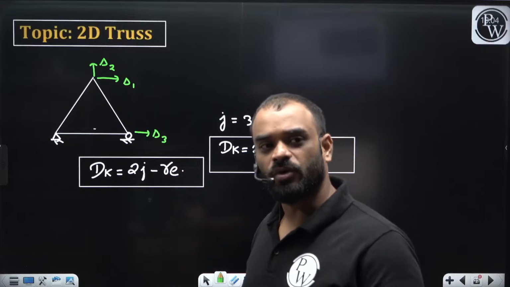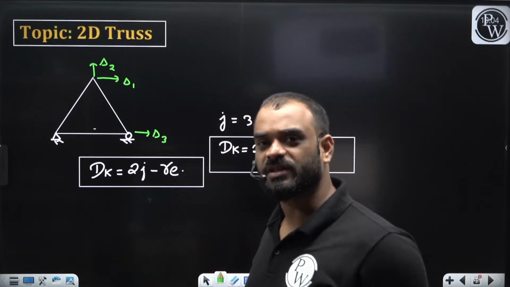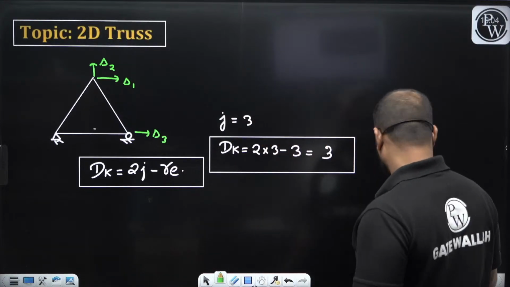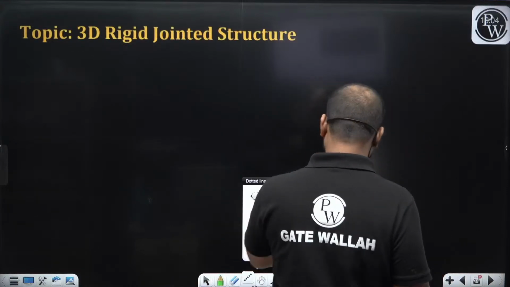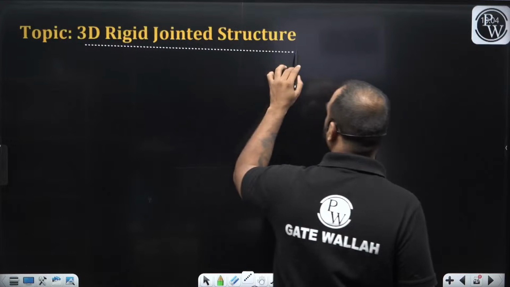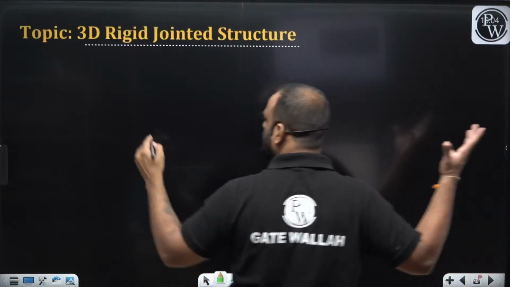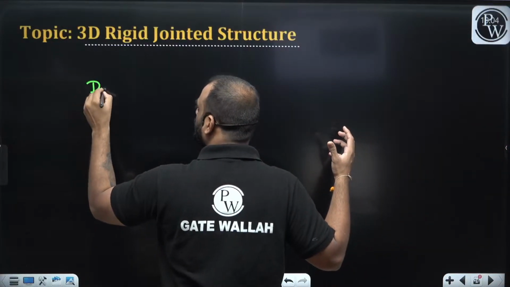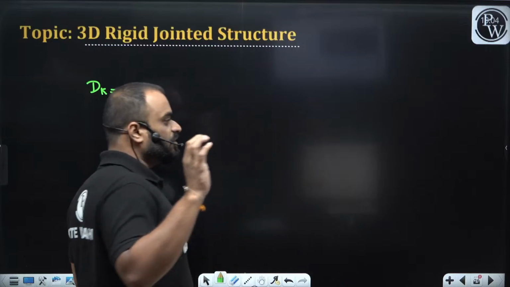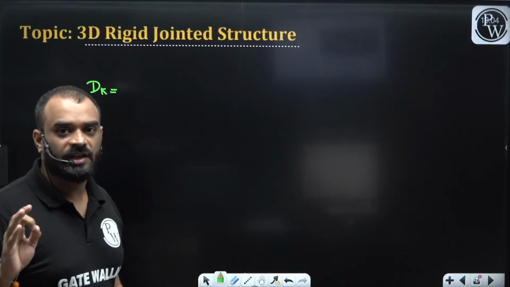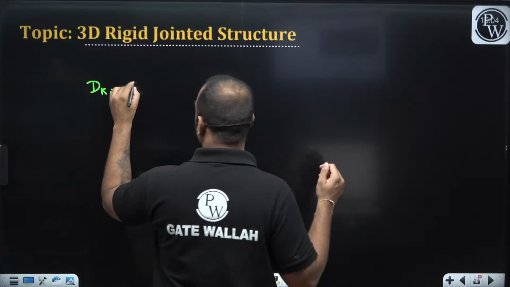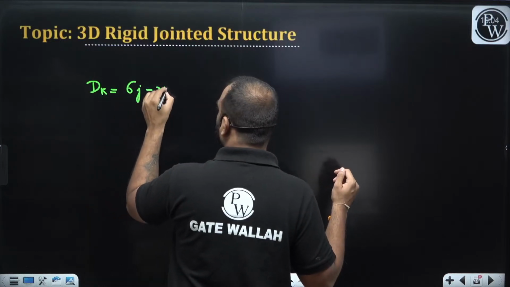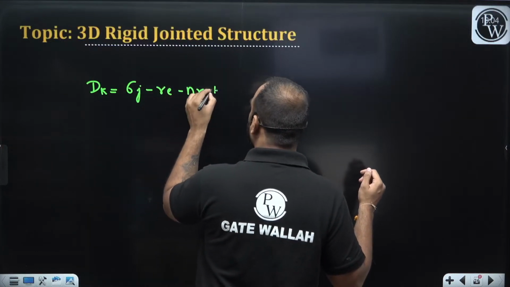Now guys, if I want to write down the formula for a 3D structure, again it is very simple, because we have already discussed in detail how to develop the formula. For a 3D rigid jointed structure, in the case of a 2D rigid jointed structure it is 3J, in this case it should be 6J minus RE minus NR plus R'.